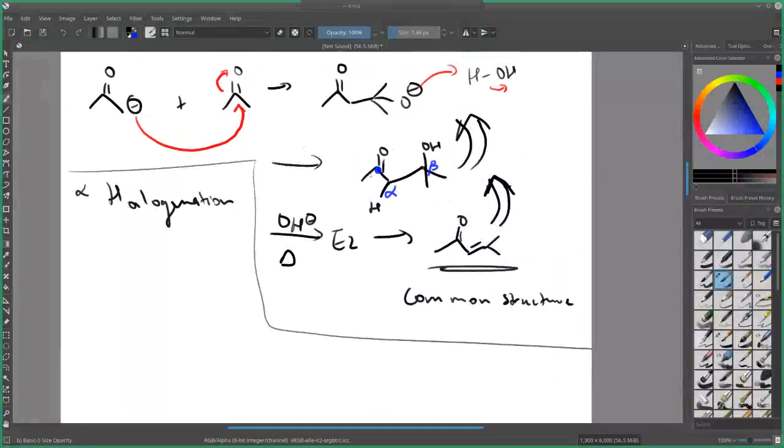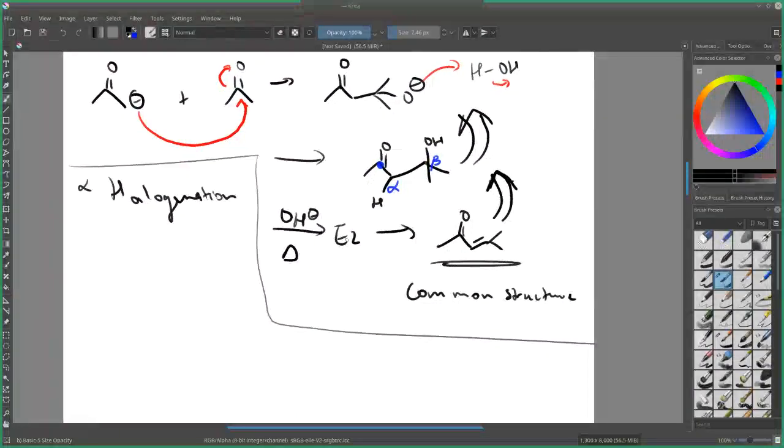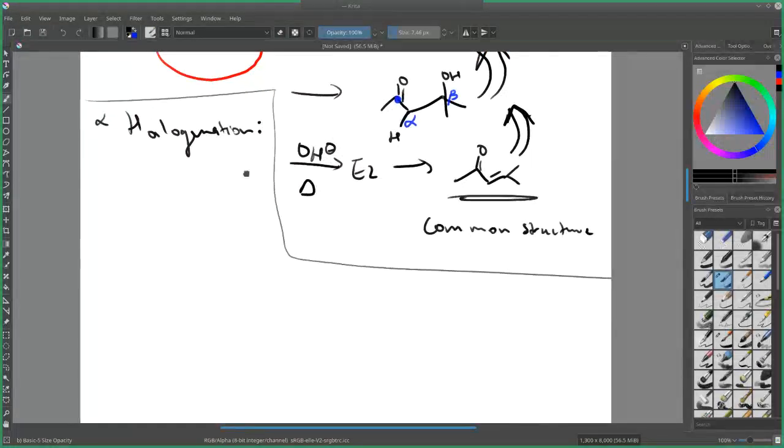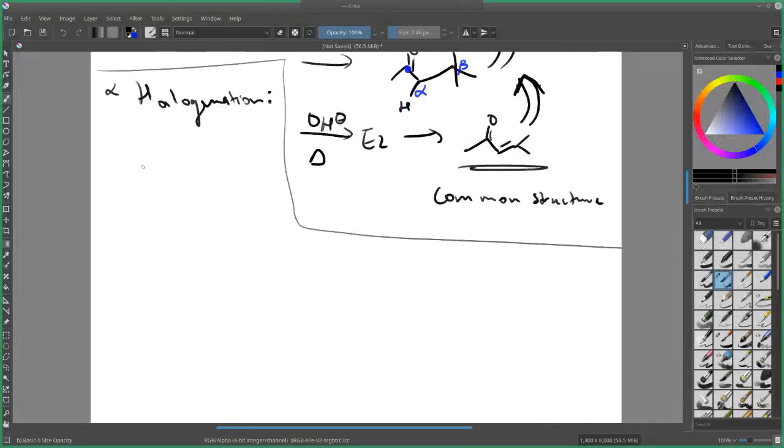And then I guess we'll get back to talking about this stuff in real detail. So for alpha halogenation, this is some good background to set up for it. This is a good way you can use these reactions. If you have, let's say CH3 here, and you give it a halogen and a whole bunch of base, then it'll halogenate a whole bunch of times.